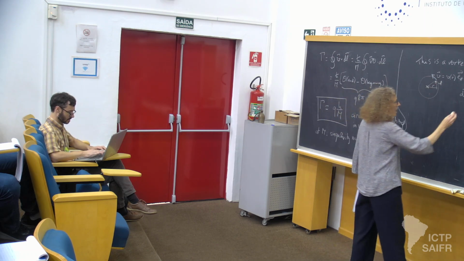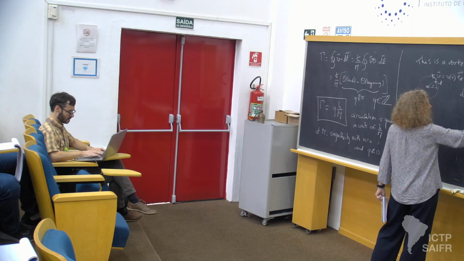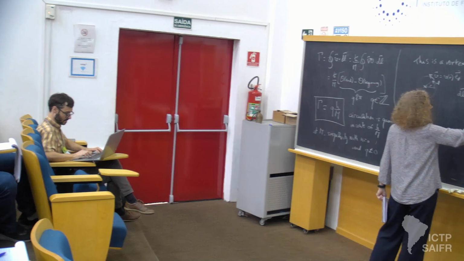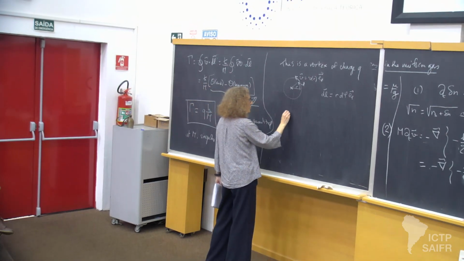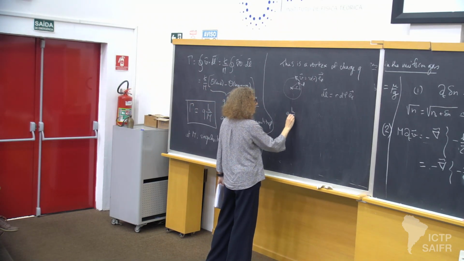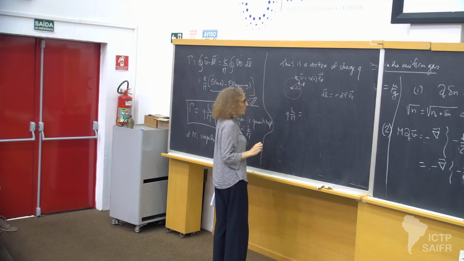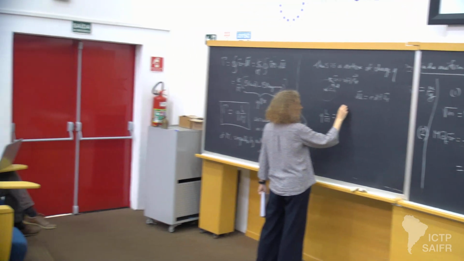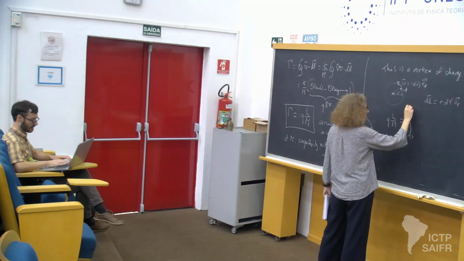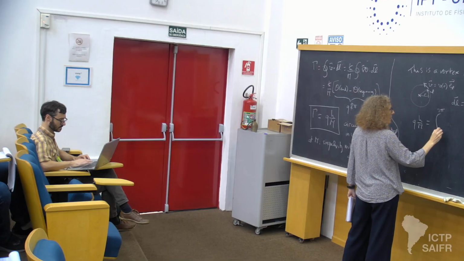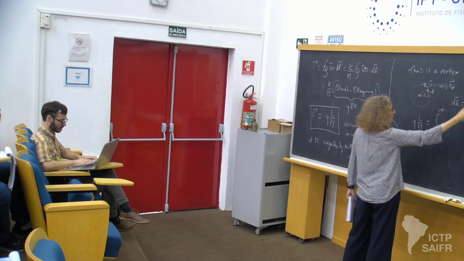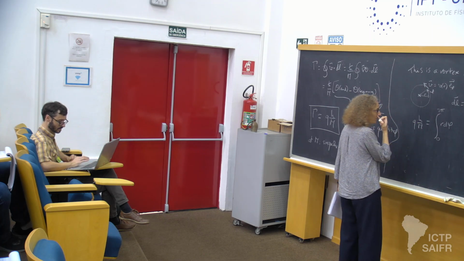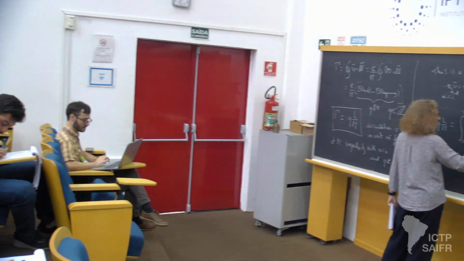dl is just r d phi times e phi. And so Q times h over m, which is the integral over the contour, is the integral between 0 and 2 pi of r d phi, the scalar product removes the e phi, times v of r.